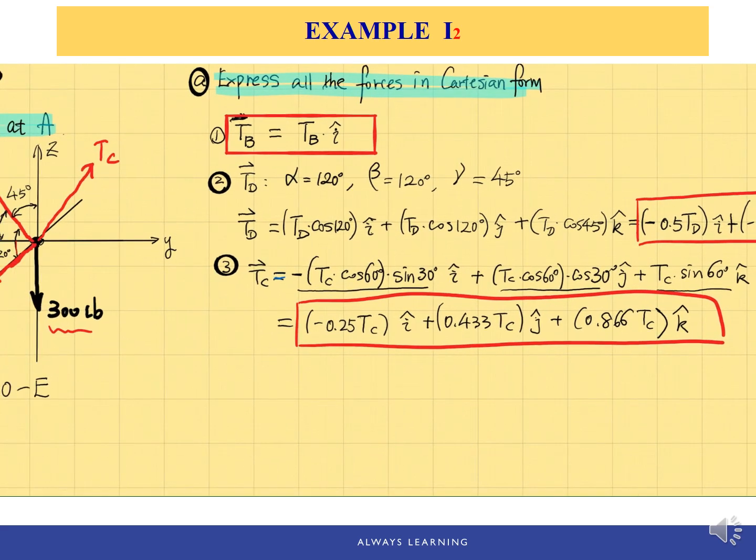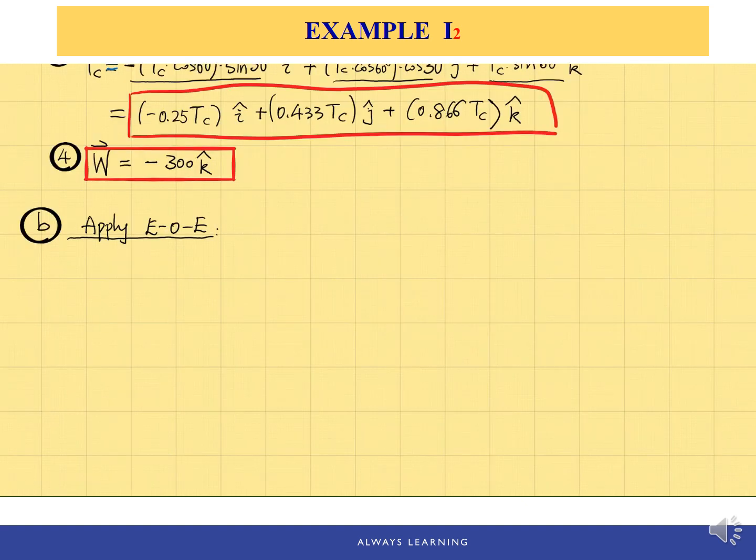We want to write that force here as well. Let's call it the weight. That's the weight pulling down, which is 300 pounds, pulling in the negative z direction, so it will be negative 300 k hat, and that's the last force exerting on this particle A. So the next step will be applying the equations of equilibrium.